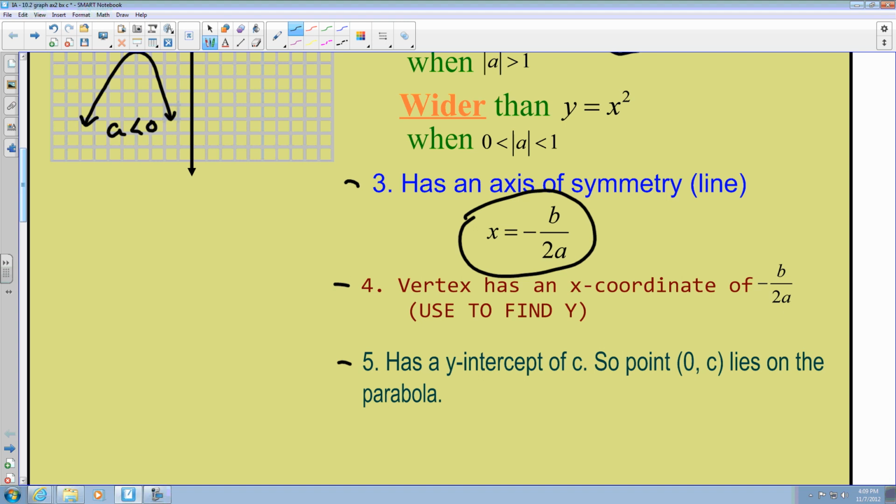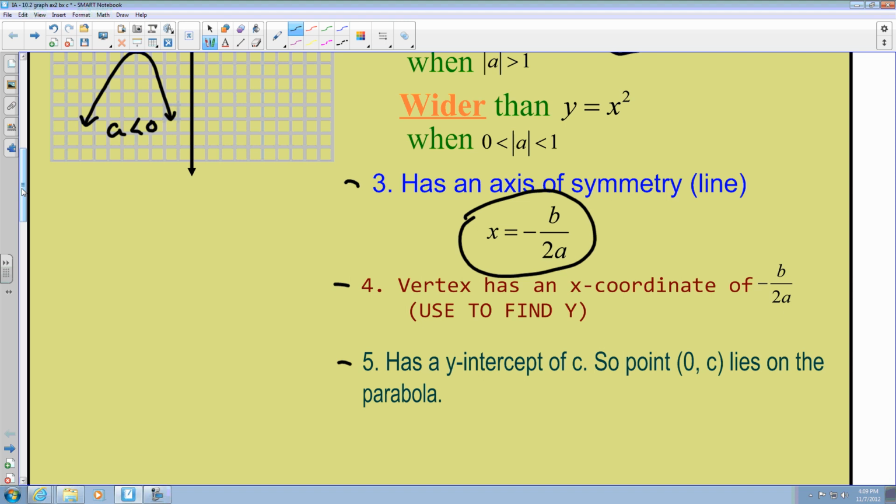Now, if we look at trying to find the vertex, which is in number 4, we know what our x-coordinate is because we just found it when we identified the axis of symmetry, then all we have to do is substitute in that x value into the current equation that we are trying to solve to get the y value. If that does sound confusing, I will do some examples to hopefully give it a more clear explanation.